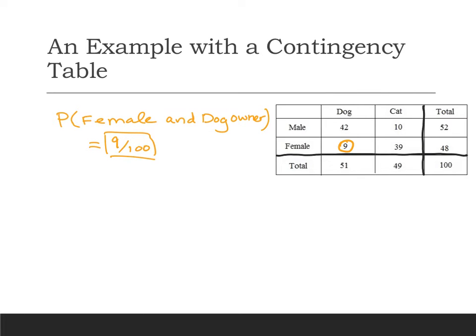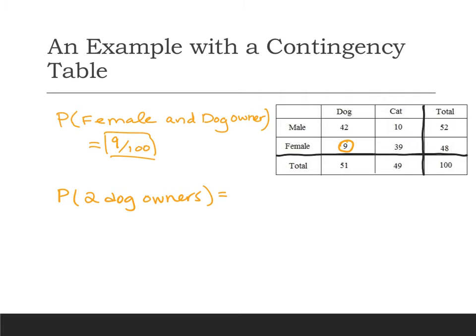However, if I'm selecting two people from this population, what's the probability that I get 2 dog owners? Well, assuming that we're putting these people back, because otherwise it's section 5.4 and we haven't talked about what to do if it's dependent. So we're going to assume it's independent. So what's the probability that I have 2 dog owners?